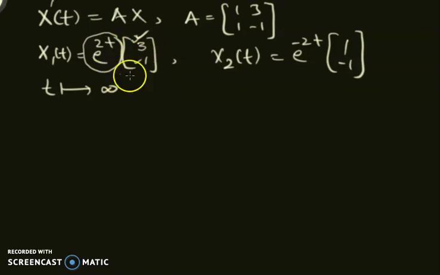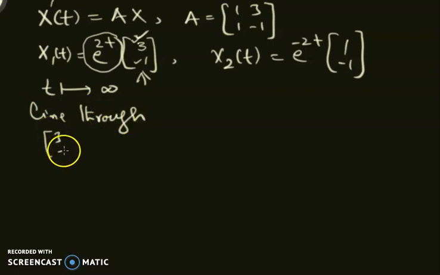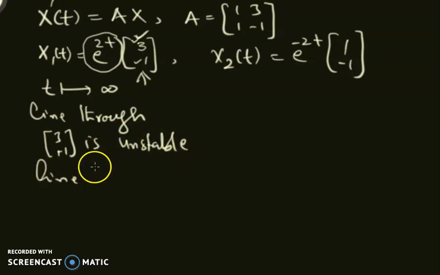This means that the line through the vector (3, 1) is an unstable line, or you can call it an unstable manifold for this problem. And don't forget, (0, 0) is our fixed point, because for this system (0, 0) is always a fixed point.